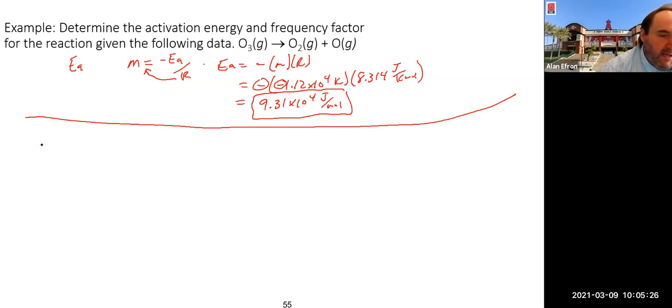Now, the other thing we wanted was the frequency factor.